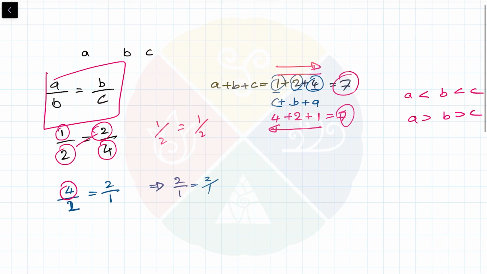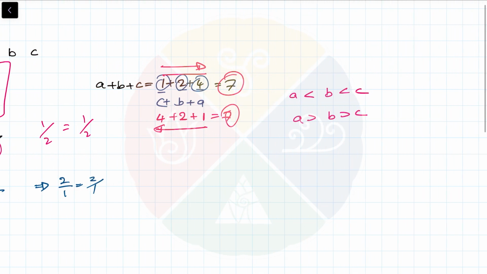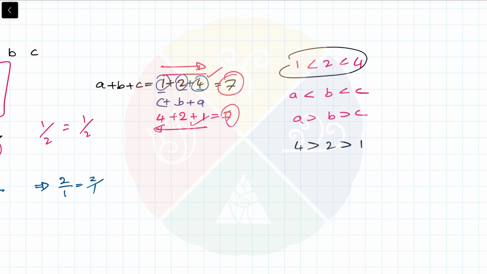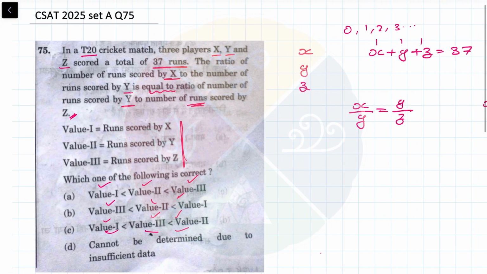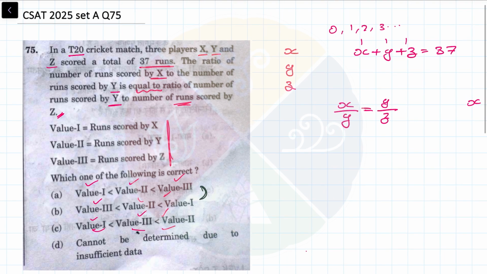If it is the first way, then 1 is less than 2 is less than 4. If it is the second way, then 4 is greater than 2 is greater than 1. So both these possibilities are there. On top of that, the middle possibility will not come. So two possibilities are already there. Therefore, you cannot answer such a problem.